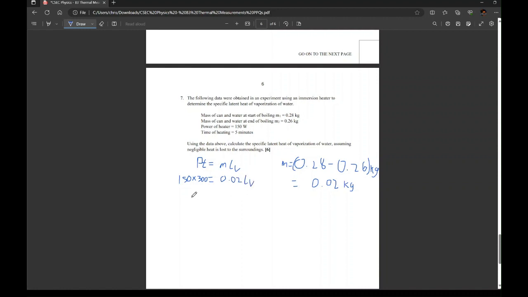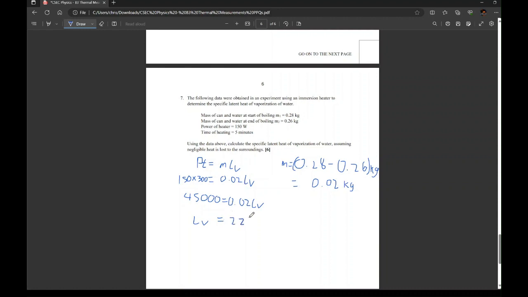And then 150 times 300 is 45,000. So 45,000 is equal to 0.02 multiplied by L_V. So you can just divide out the 0.02, and 45,000 divided by 0.02 gives us 2,250,000.